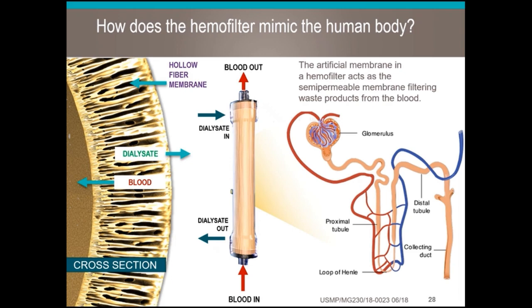It functions very much the way that our native kidney functions, in that we have the renal artery that brings blood into your nephron, which is your glomerulus and your tubules, and then the renal vein that takes the cleaned blood back out into your patient. The urine or the waste that is produced in this process will go into the collecting duct and out of our body. So the artery brings the blood into your glomerulus, which does glomerular filtration and filters out larger molecules in your patient's bloodstream.